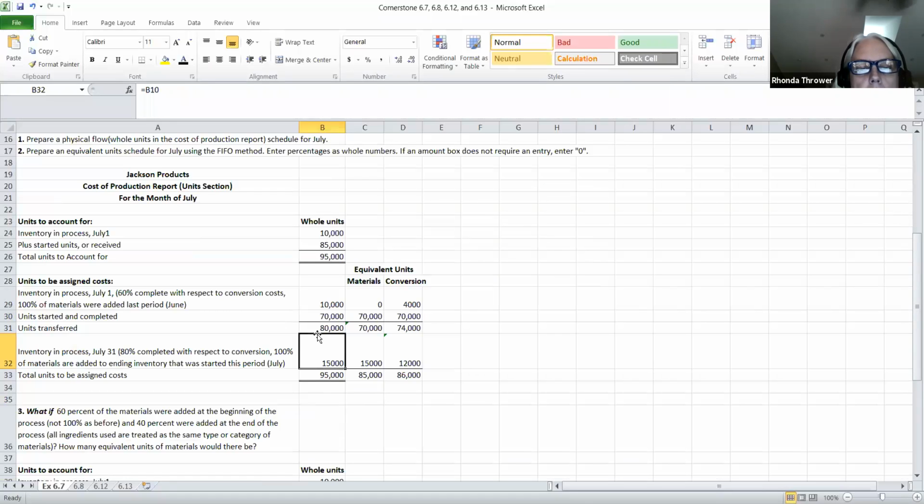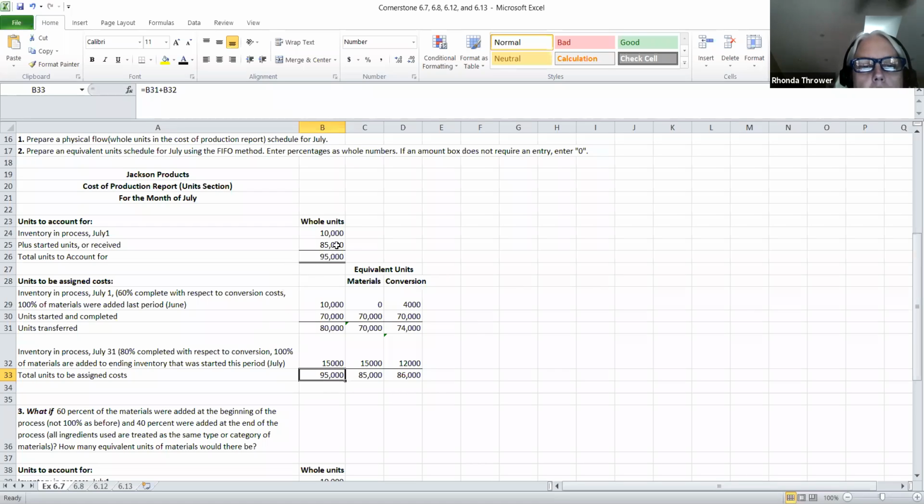So if you add your units transferred plus your ending inventory, it will give you the total units to be assigned cost, which is 95,000 units. Once we know this 95,000 units, we can go back and plug that in for our total units to account for. These two items have to reconcile with each other.